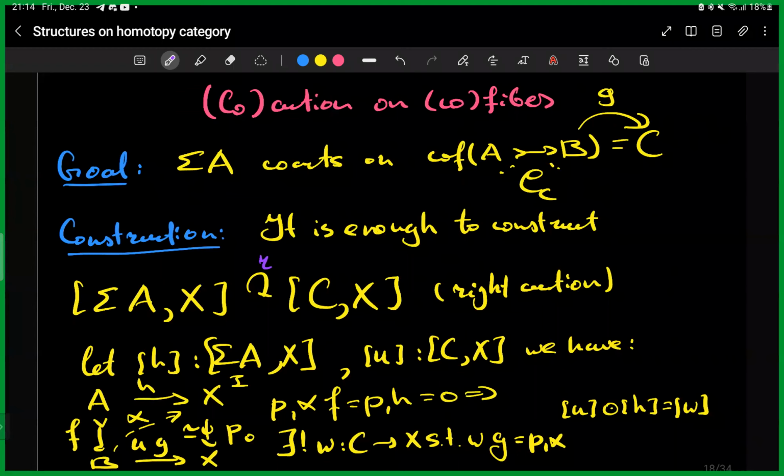So we want to construct a right action of such a group on such a set of maps. Well, I'm not sure that it's intelligible here, but the idea is that we just take a representative of a map from the suspension to the space under some mild assumptions. So I guess these mild assumptions are precisely the ones that we made here, that here we have a cofibration and the source and target are cofibrant.